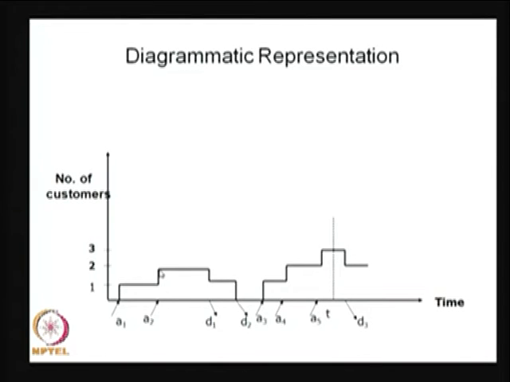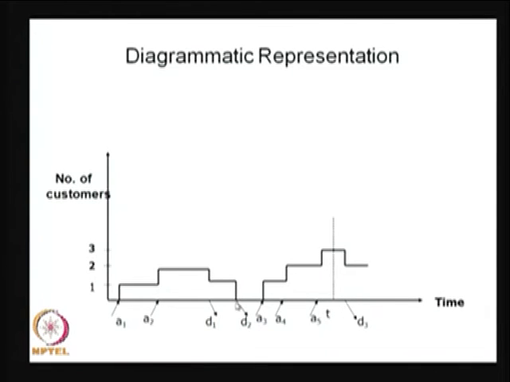Therefore, now the number of customers in the system is 2. At this time point, the first customer's service is over, so he departs from the system, that is D1. Now the number of customers in the system is 1.